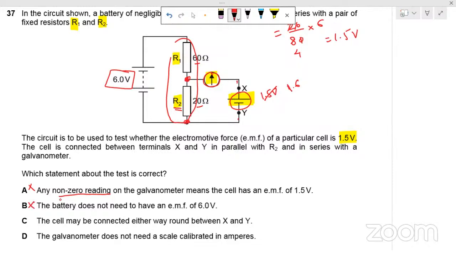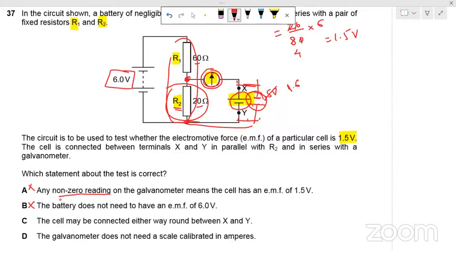The cell may be connected either way around the X and Y. If you switch the terminals of this cell, then this galvanometer will not be able to show zero deflection, because the polarities of the battery and this cell will be such that the potential differences across this resistor will add up.